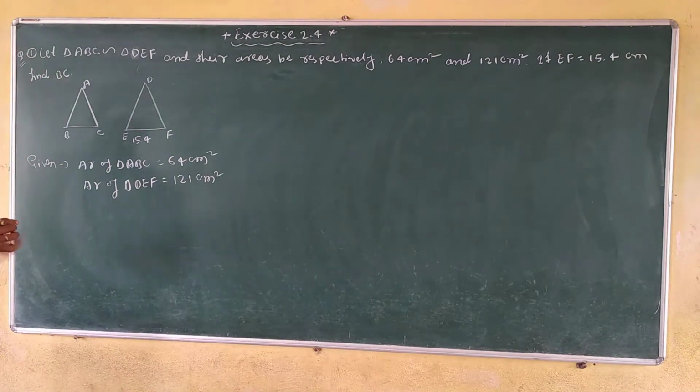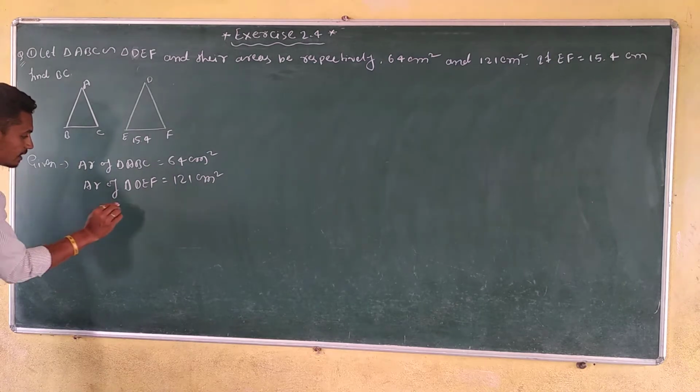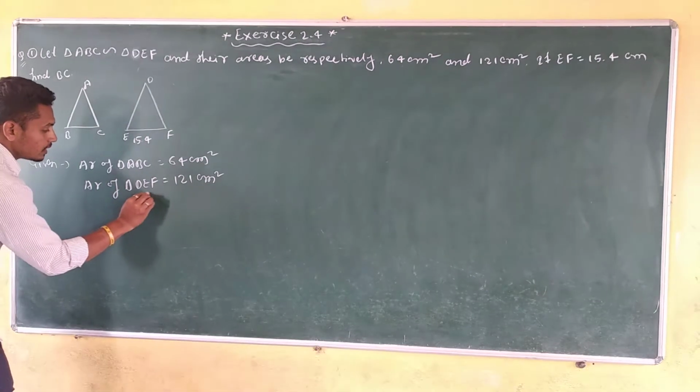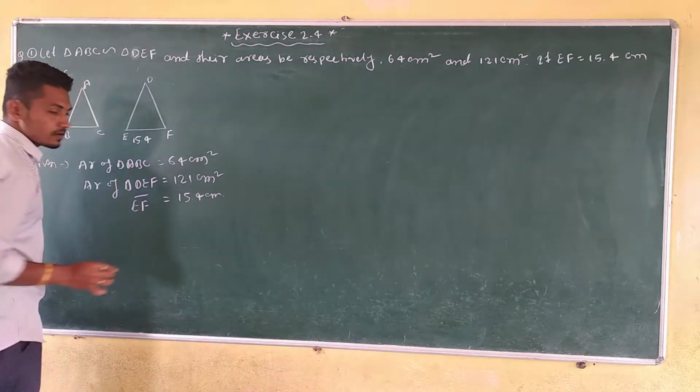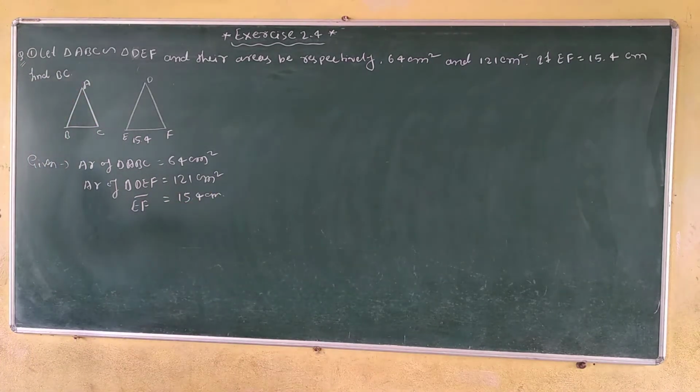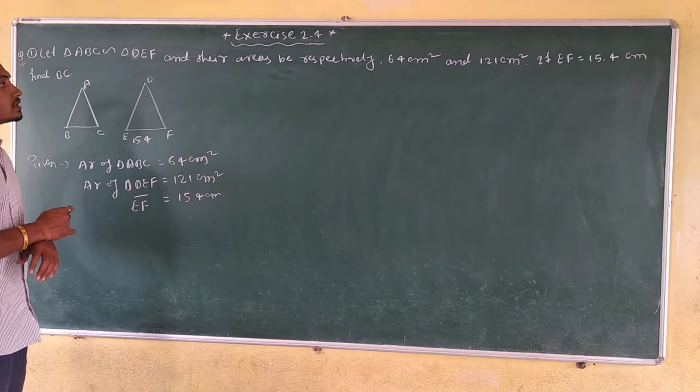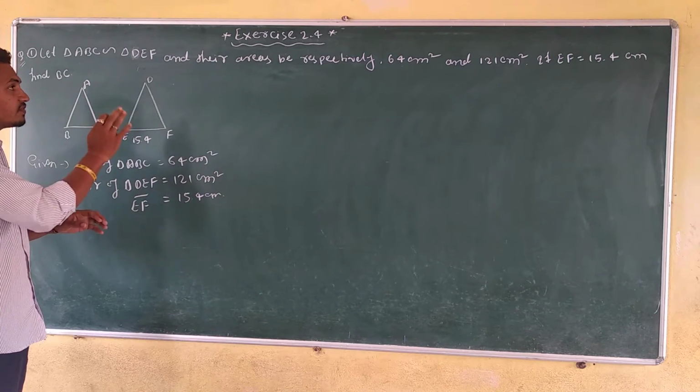Now we have to find the side BC. The given side is EF, which is 15.4 centimeter.